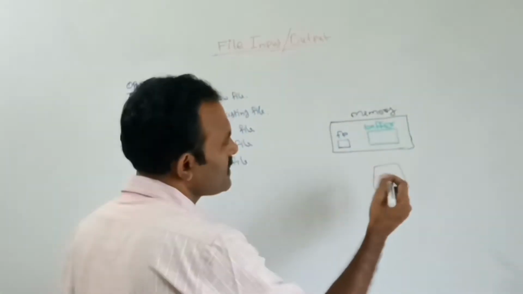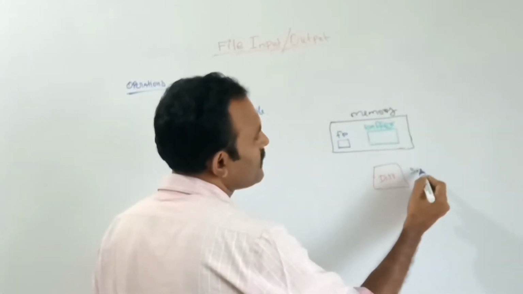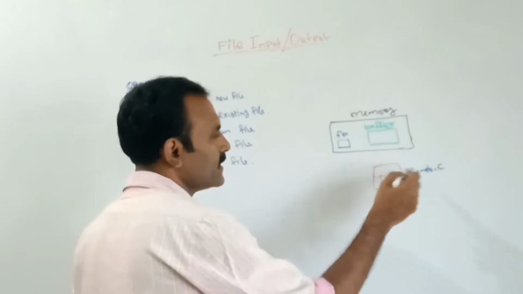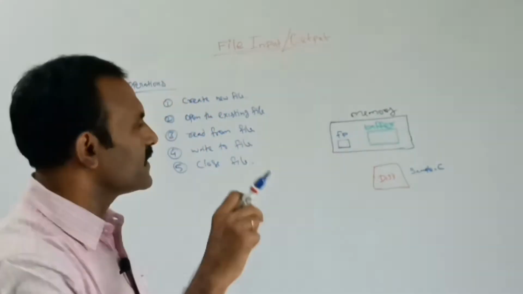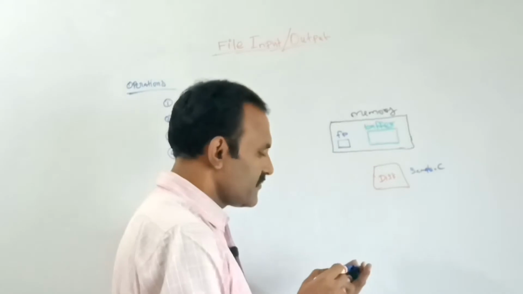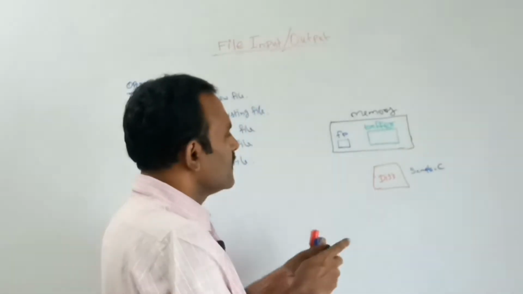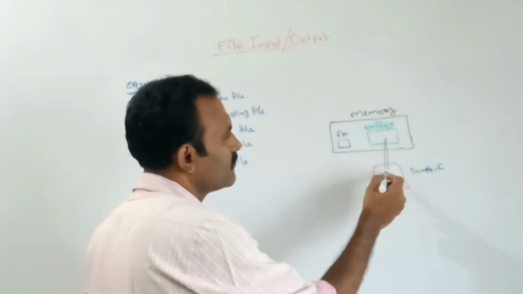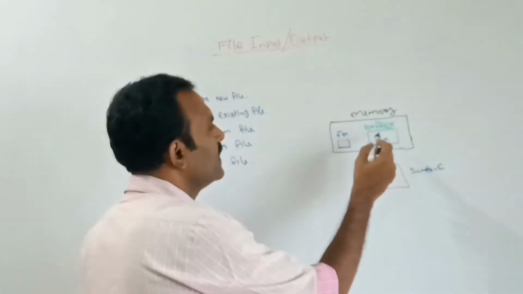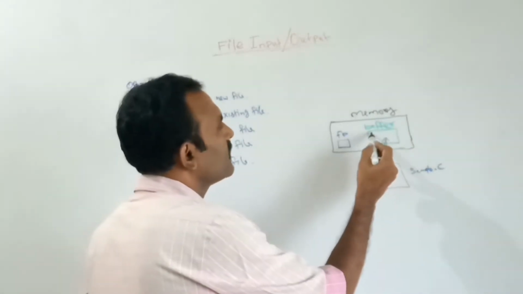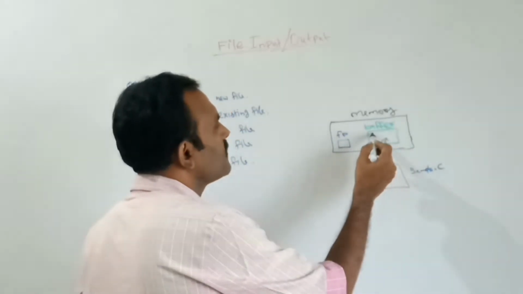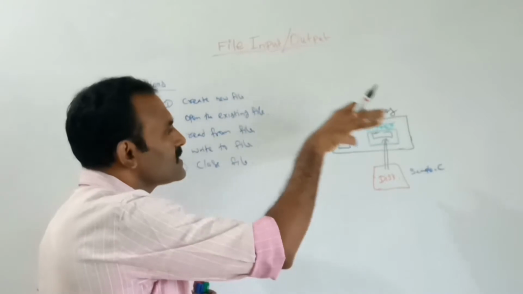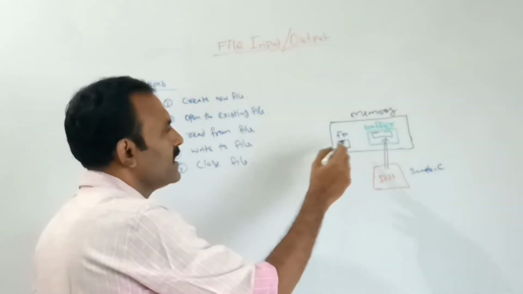Assume this file name is sample.c, located inside the disk. If I want to retrieve that file, at the very first it will be loaded from disk to the buffer. Next, in the buffer, sample.c will be loaded, and we can access that file by using this file pointer.